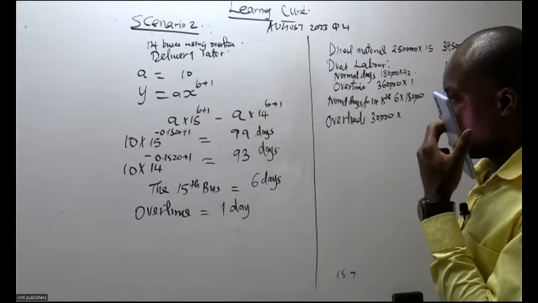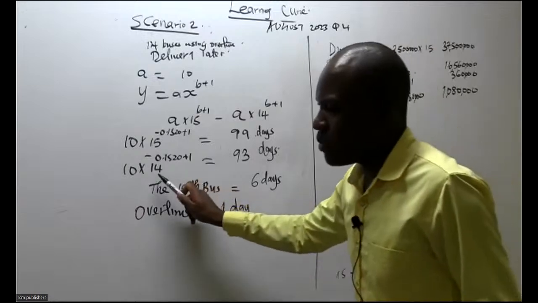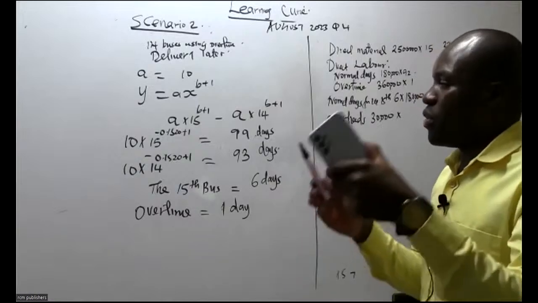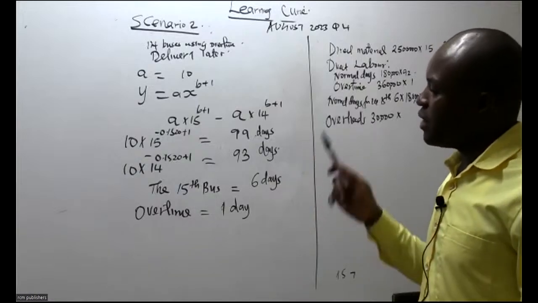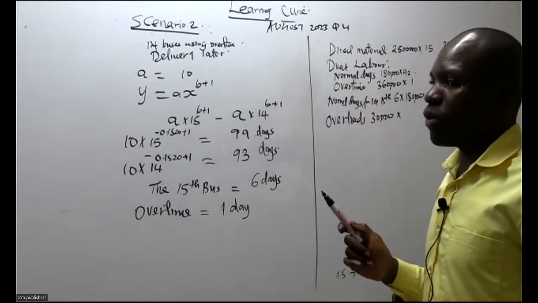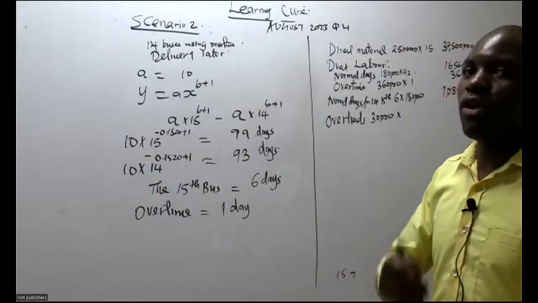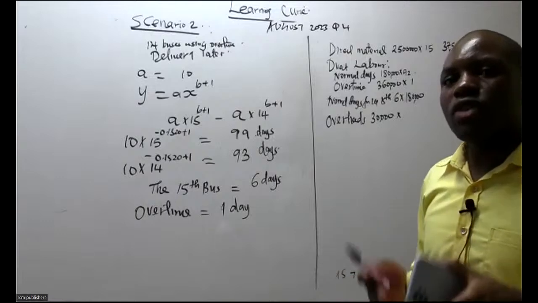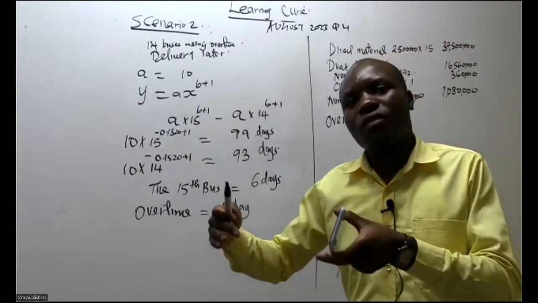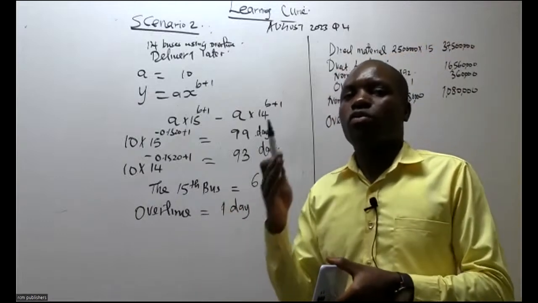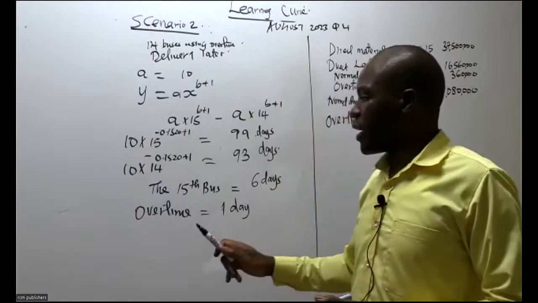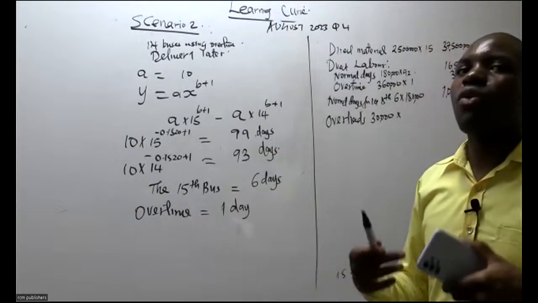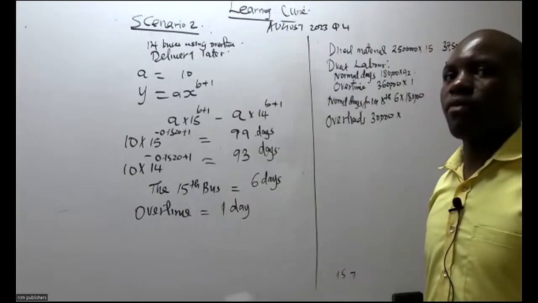But this person has said, the first 14 buses, I will work overtime and deliver them within that particular time. But the extra bus, I cannot work within the deadline. So I will work beyond the deadline. But my employees will be working during their normal working hours of the day to produce that one bus. So the 15th bus will be produced within the normal working hours.